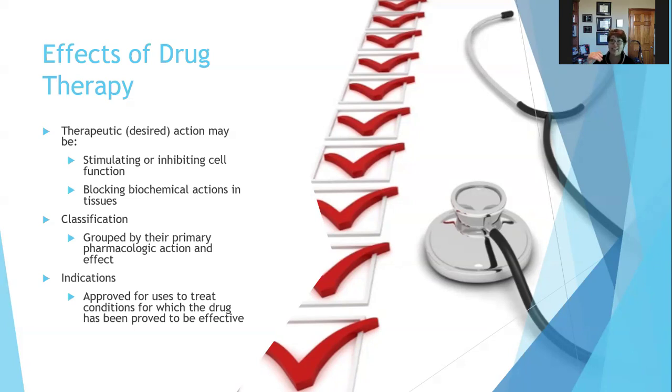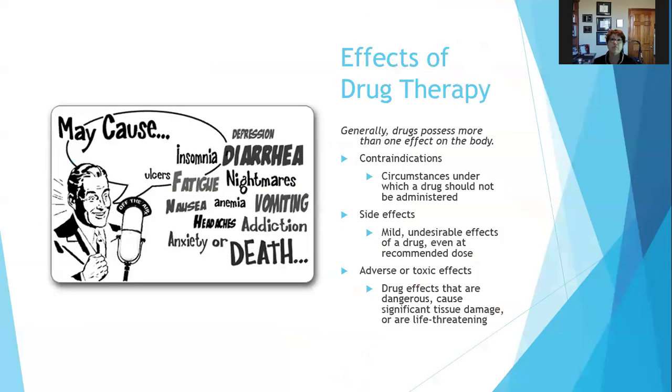So that is the research process and the testing process before a drug gets released on the market. Generally, drugs possess more than one effect on the body. We have the primary therapeutic effect that we're taking it for, and then we have those nasty little side effects.